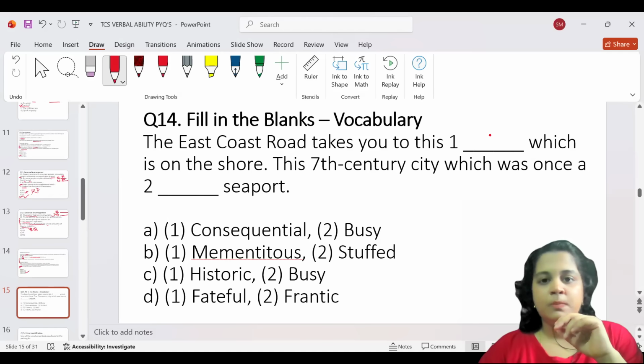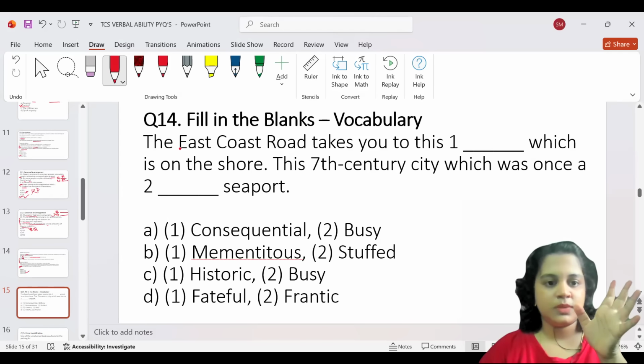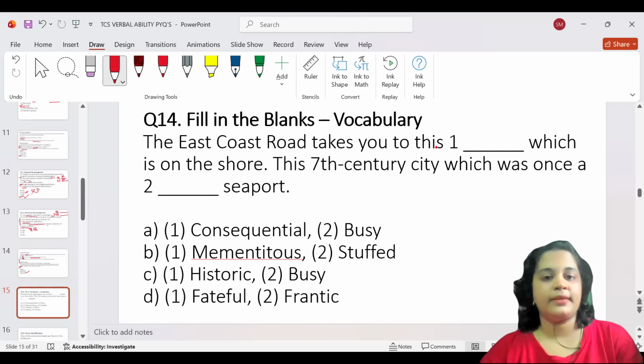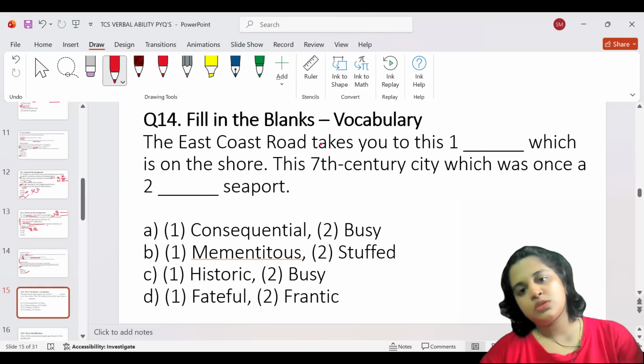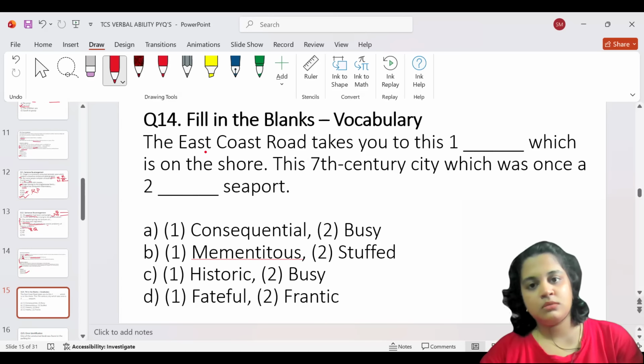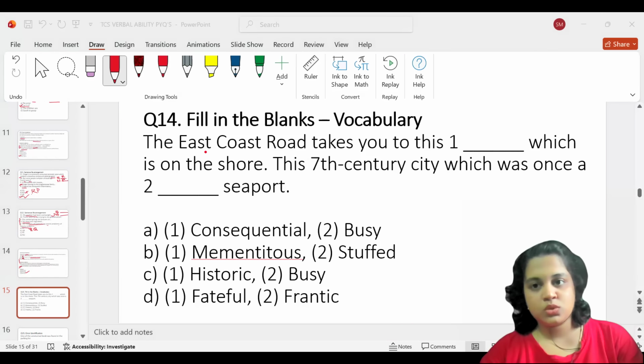In this particular question, this is a fill in the blanks question again. So let us read it and try to answer. The East Coast Road takes you to this, blank, which is on the shore. This 7th century city, which was once land, is a seaport.